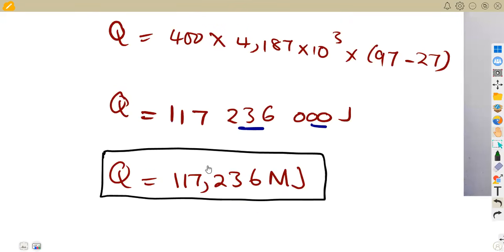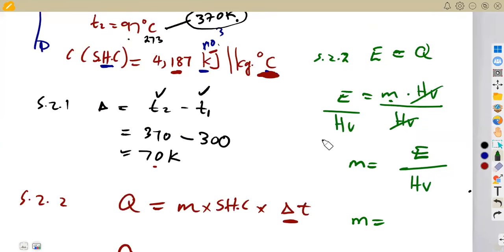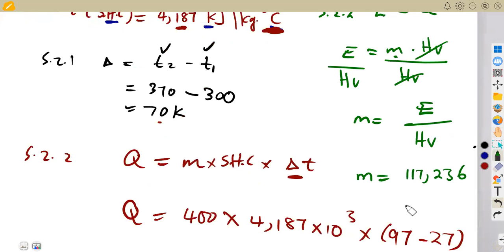We are going to take it in megajoules, as it is 117 point this in megajoules, because our heat value is in megajoules. So remember that was 117,236. And we have our heat value in megajoules per kilogram. So that's 30. We are going to divide by 30 there, which is going to give us the mass in kilograms.